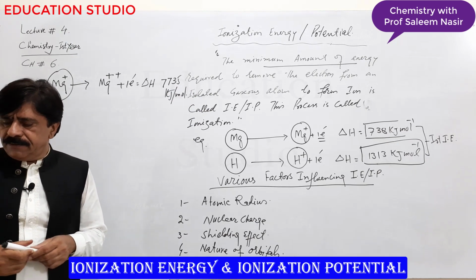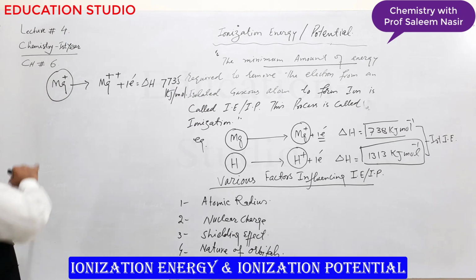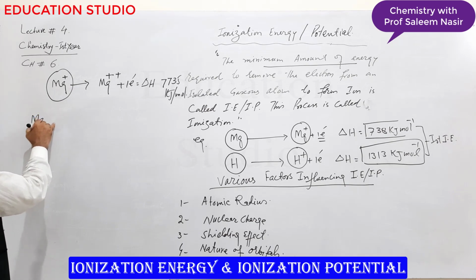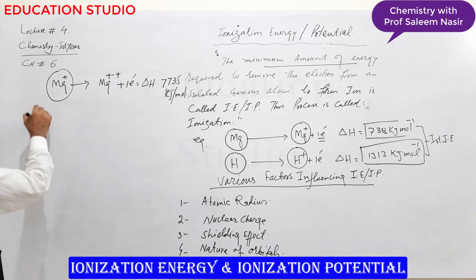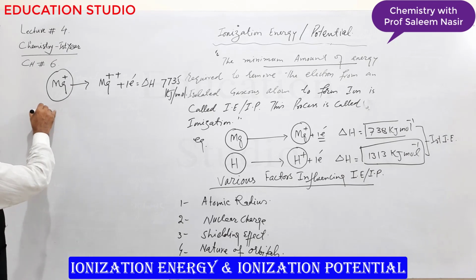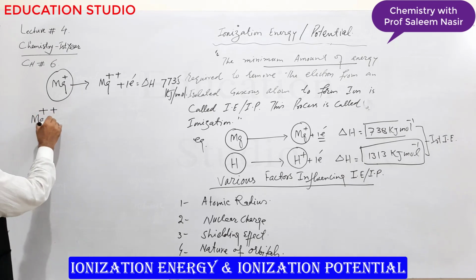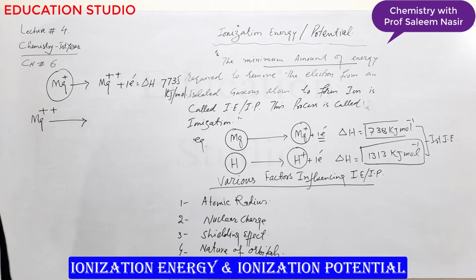Similar is the case when we remove the third electron from the dipositive ion of magnesium. We will need much more energy for that.